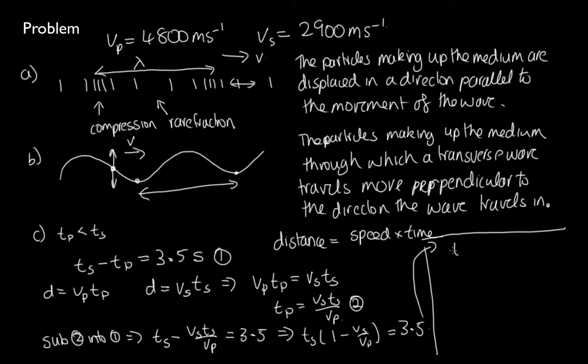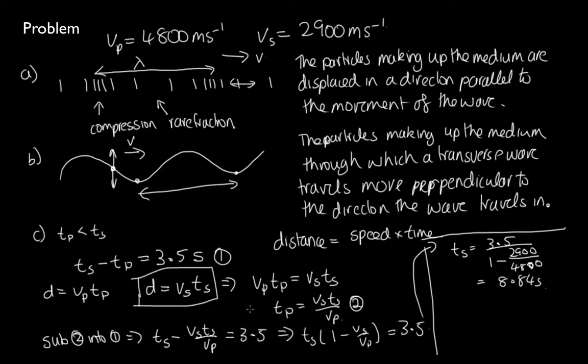So we've got TS is equal to 3.5 divided by this, which is 1 minus VS, the velocity of the S waves, we're told is 2,900, over the velocity of the P waves, which is 48,000. And so this is equal to 8.84 seconds.